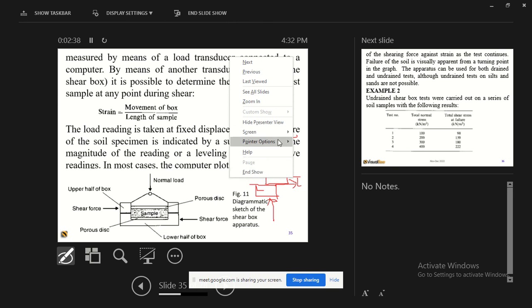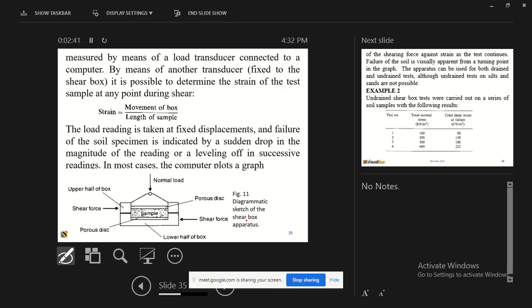Now this is a box. In plan, this is what you see, where this is 60, this is 60, and this is also 60. Usually there are pins to align them, two here, and also there, and also here and here.